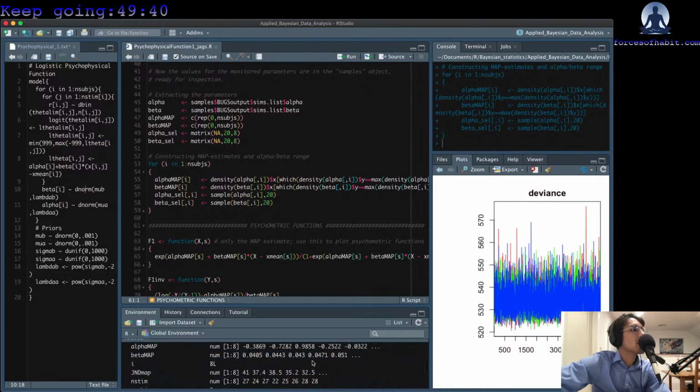So then you end up with alpha map and beta map, which are these density distributions for each of the subjects.